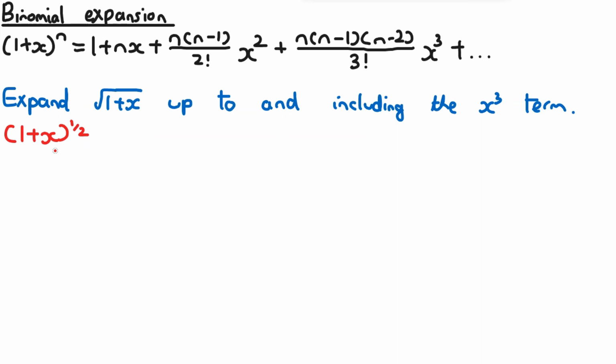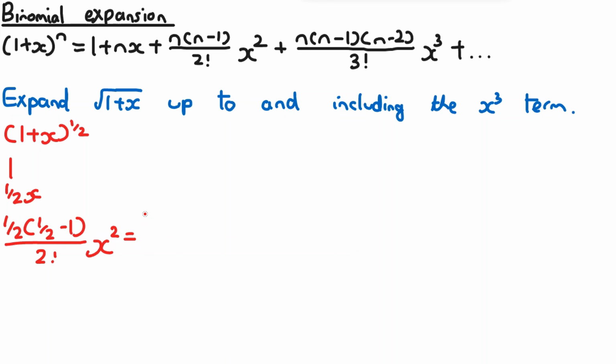So the first term is always just 1, and then the second term is nx, so it's going to be equal to a half x because n is equal to a half. And then the third term is going to be n, so a half, times (n - 1), so a half minus 1, over 2 factorial, and then multiplied by x squared.